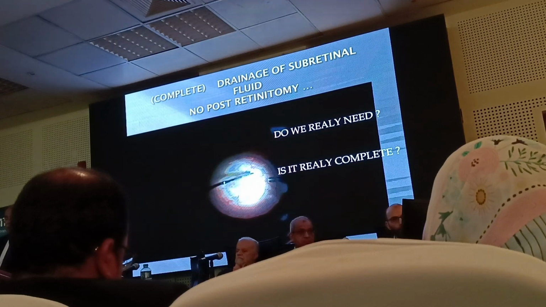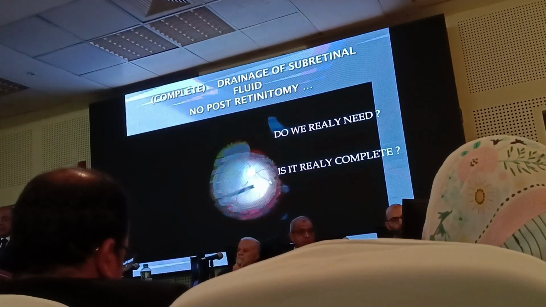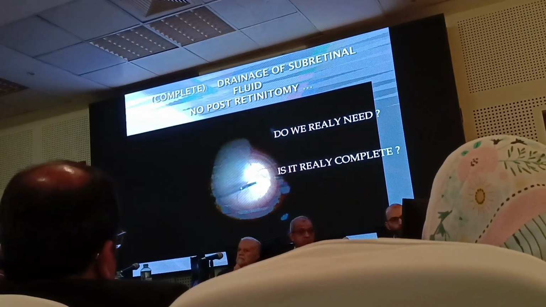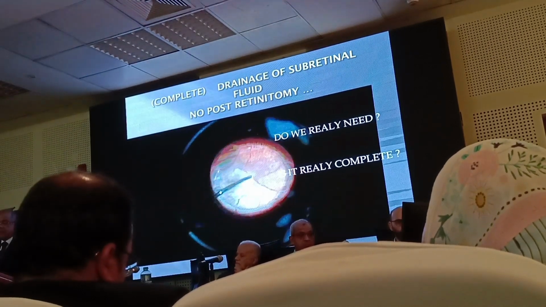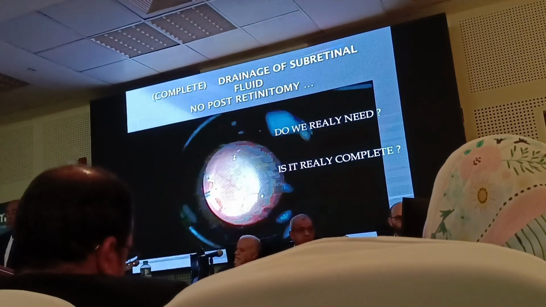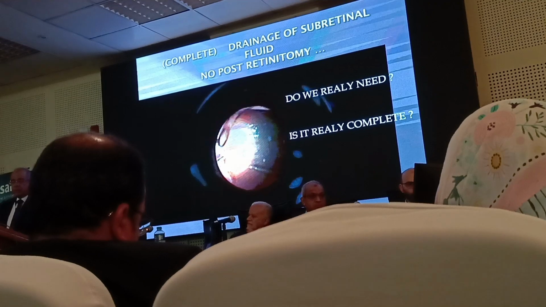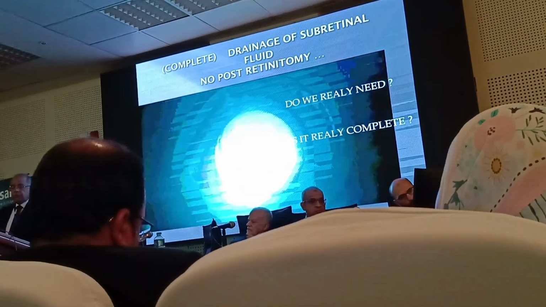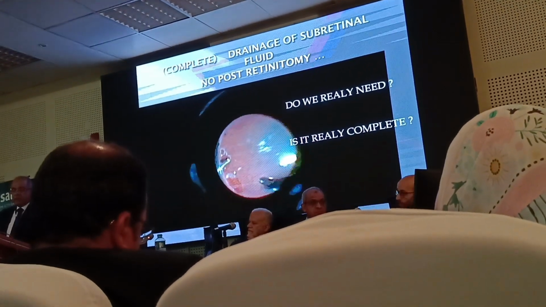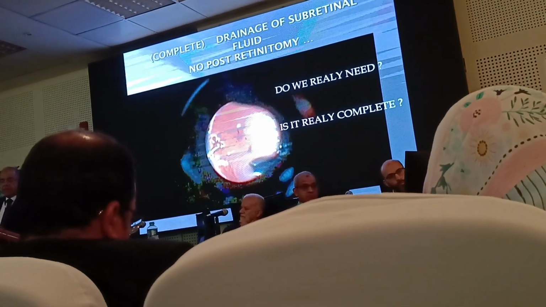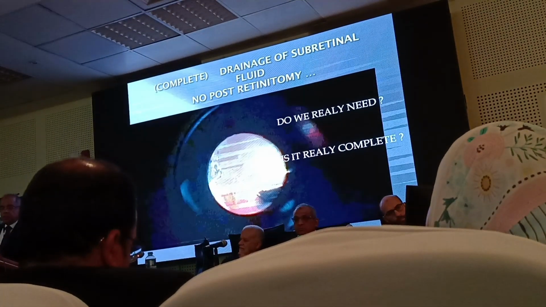As I told you, it can allow a complete drainage of subretinal fluid without performing the posterior retinotomy that we used to do in the past. But to perform a near complete drainage without accumulation of fluid under the macula at the end, you have to tilt the eye to the extreme position, making the tape that you are going to drain through lowermost.